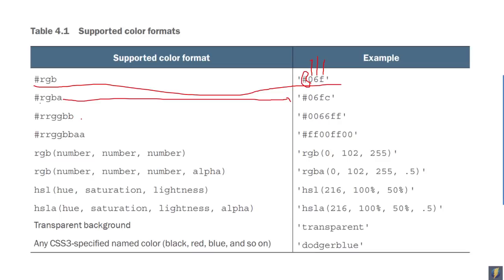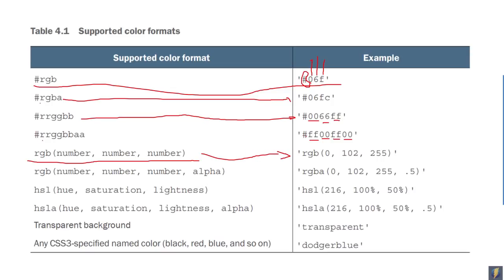RGB. And another form is the RRGGBB. It looks like this one, 2R, 2G, and 2B. This is similar to RGBA, 2R, 2G, 2B, and double A. You can also write a color like this one.